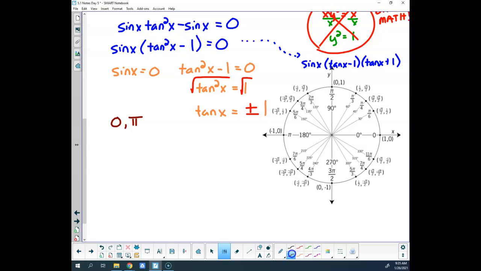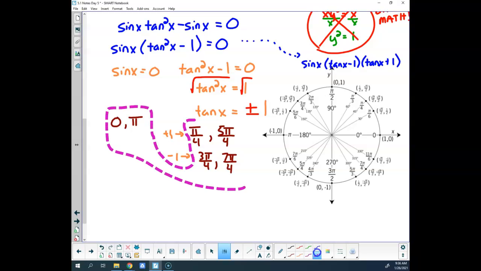Tangent equal to positive 1 is at pi over 4 and 5 pi over 4. Tangent equal to negative 1 is at 3 pi over 4 and 7 pi over 4. So this particular trigonometric equation produced for us 6 answers.